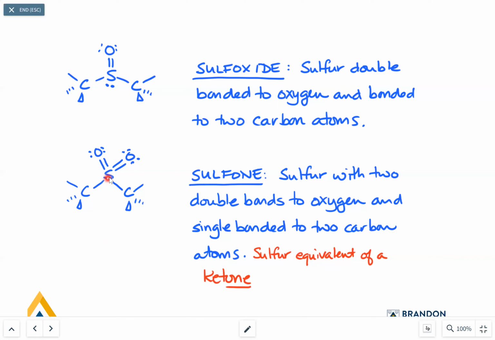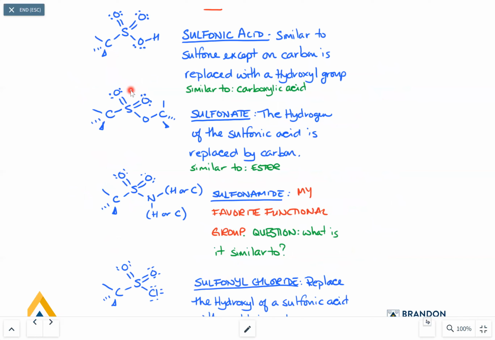And then what we're going to do, like we did with the carbonyls, is we're going to replace this carbon with an OH, or we're going to replace this with a halogen, or we're going to replace this with a nitrogen, and we're going to get the other functional groups, the last ones. So when we replace it with an OH, sulfonic acid, you just convert it to an acid.